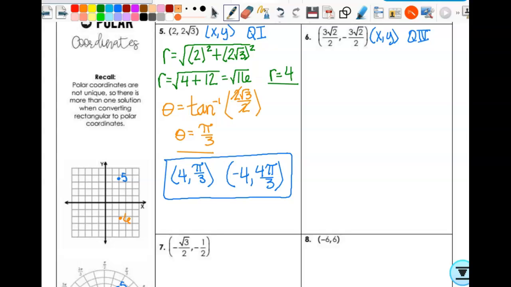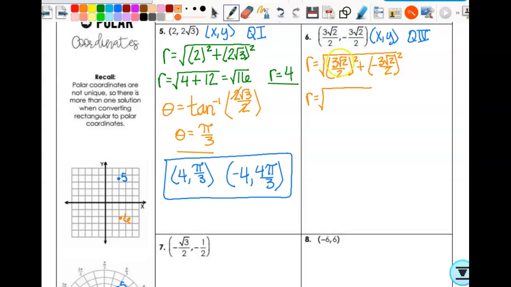All right, so we're going to start by finding R. R equals the square root of 3 square root of 2 over 2 squared plus negative 3 square root of 2 over 2 squared. So what's just 3 square root of 2 squared?